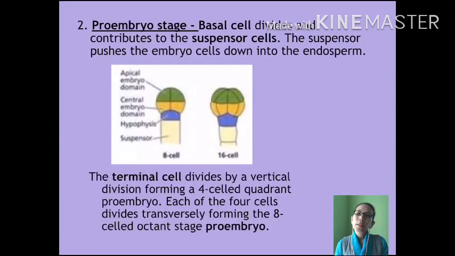Whereas the terminal cell divides further to give rise to the proembryo. So it's actually the terminal cell which gives rise to the embryo. If a terminal cell gives rise to a four-celled proembryo, then it's called a quadrant proembryo, whereas a terminal cell which has divided and formed an eight-celled proembryo is called an octant proembryo.